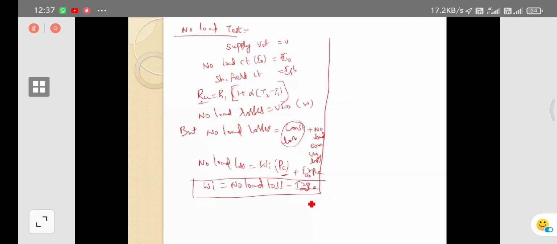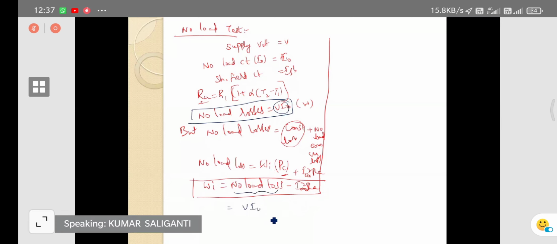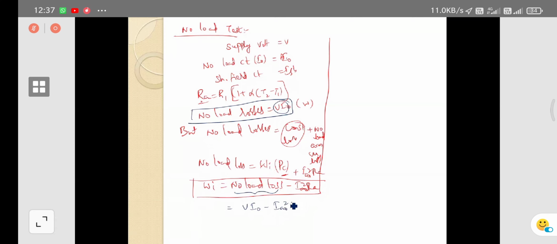IA naught square RA is nothing but the no load armature copper loss. The no load loss is V I naught, so Wi is V I naught minus IA naught square RA.